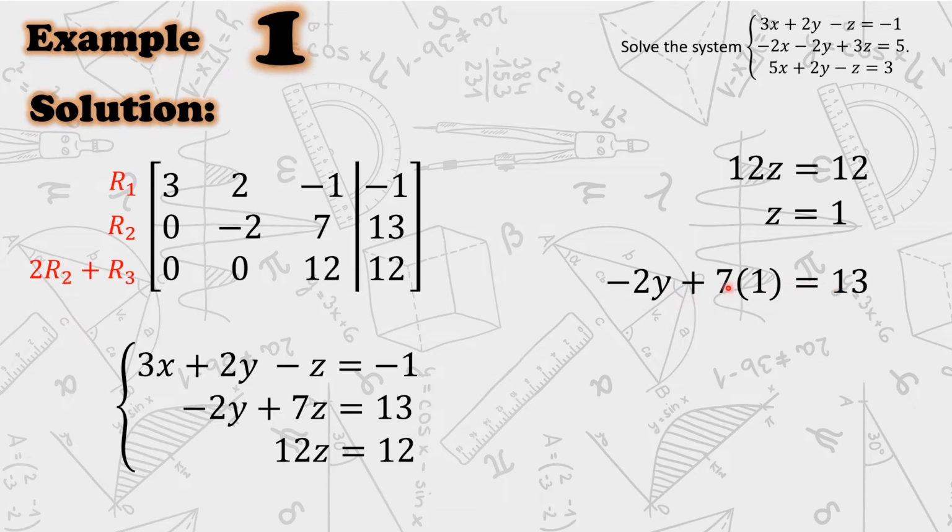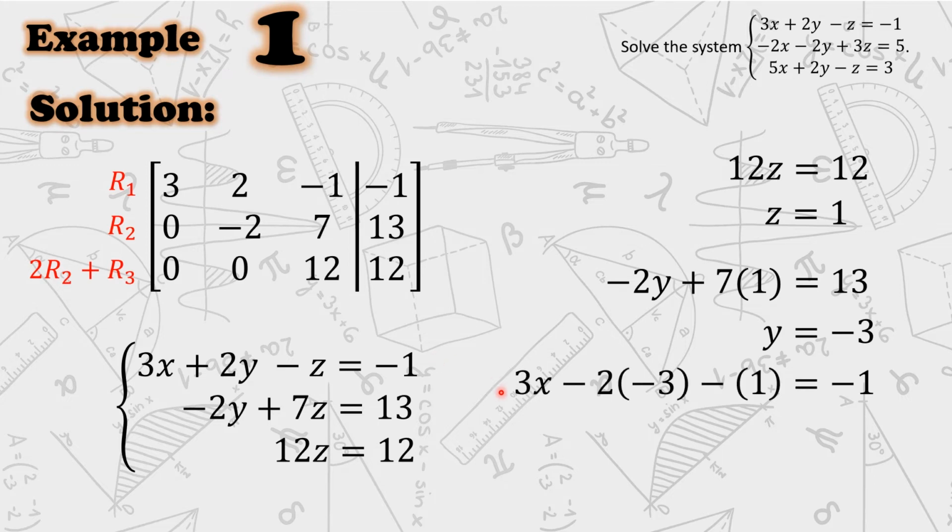Subtracting both sides of this equation by 7, and then dividing both sides of the resulting equation by negative 2, we will get the value of y as equal to negative 3. Now, substituting z is equal to 1 and y is equal to negative 3 to the first equation in the system, we will be able to get the value of x.